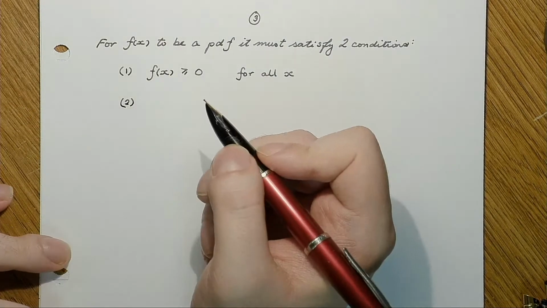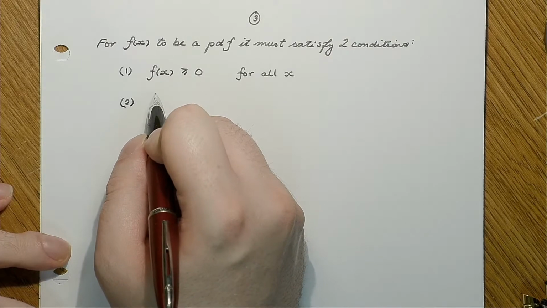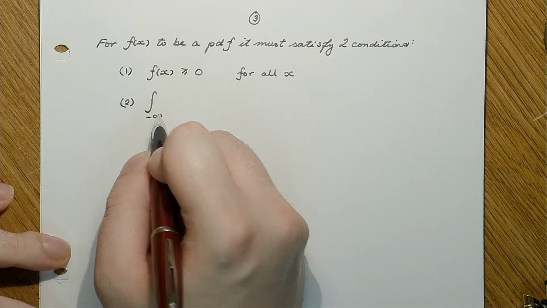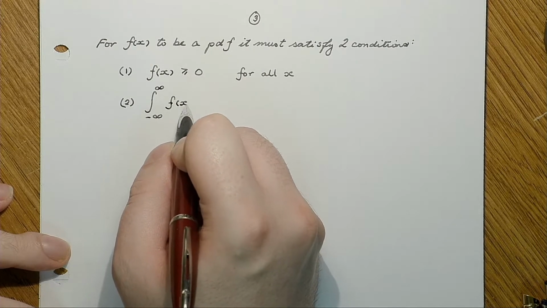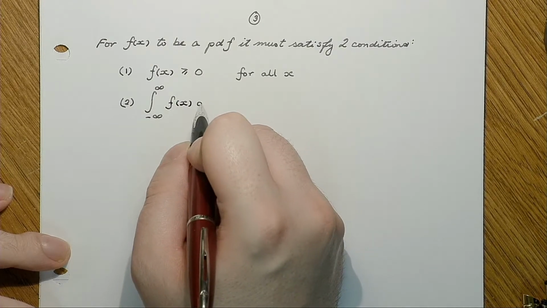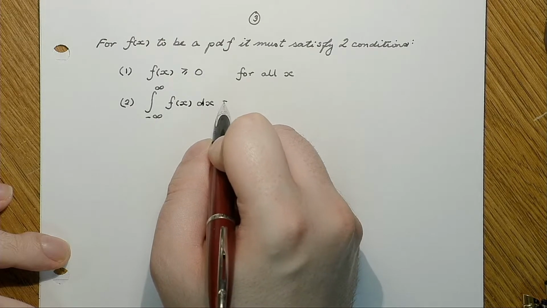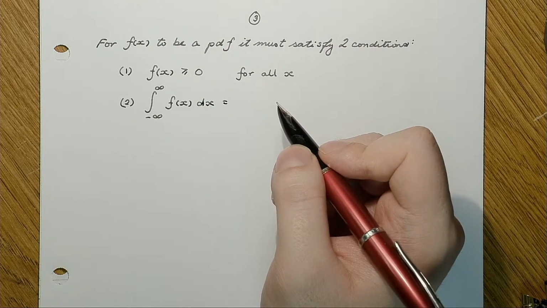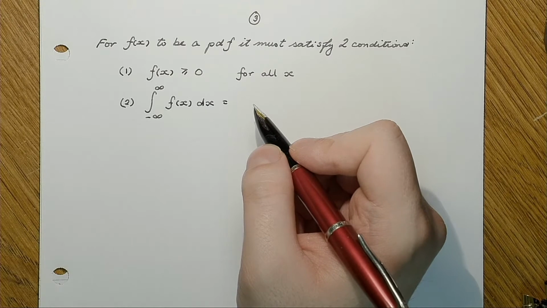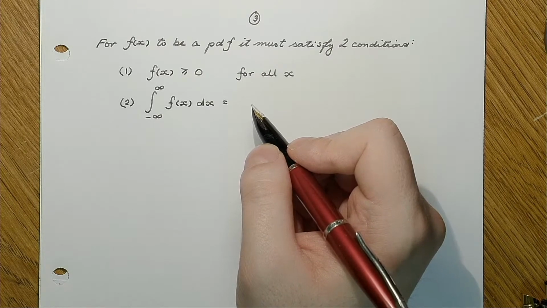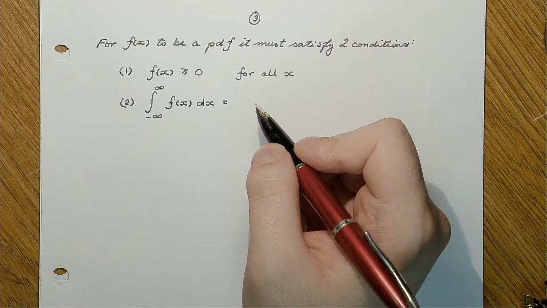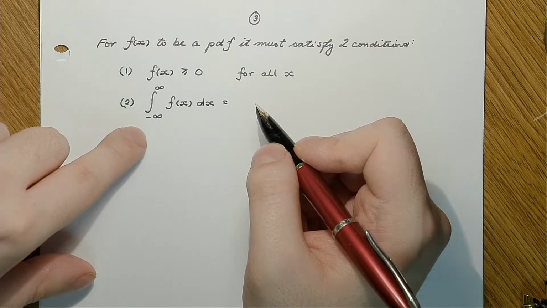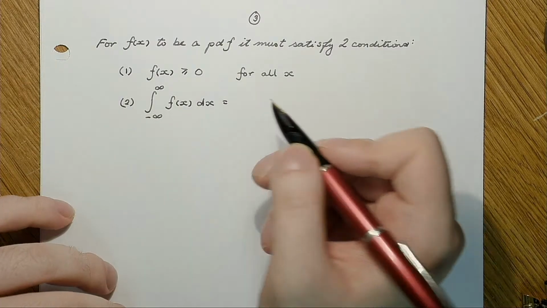And the second condition is that if we integrate over the entire real line, so when we think back to our discrete case, when we summed up all the values of the probability mass function, we wanted them to equal 1. So in the case where we have the continuous function, when we integrate over the entire real line, we want this to equal 1 as well.